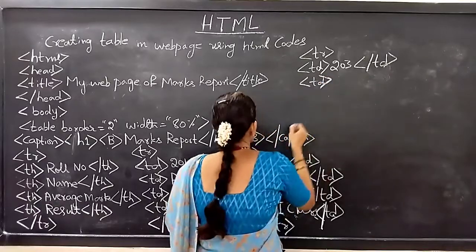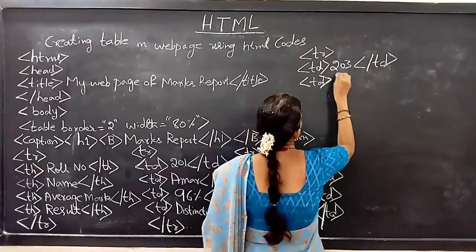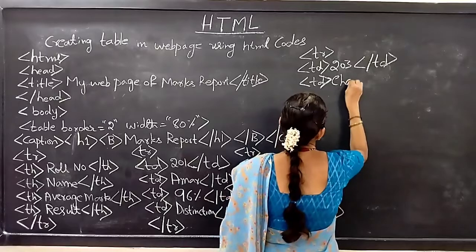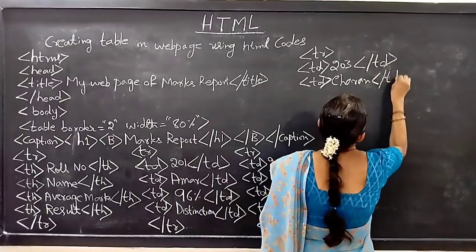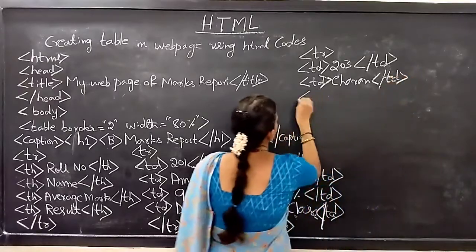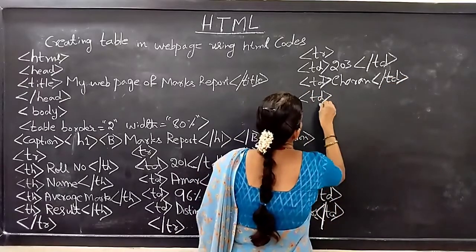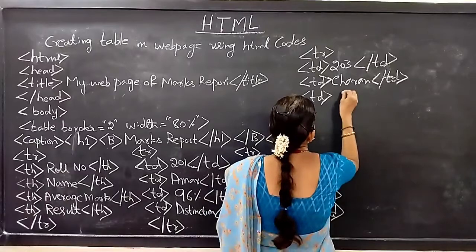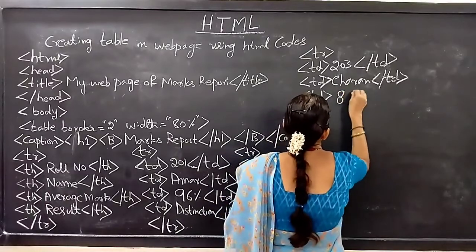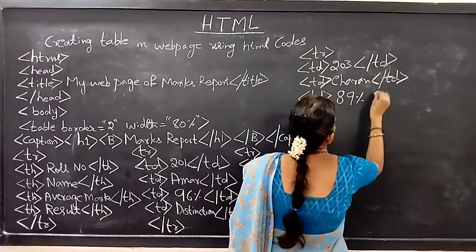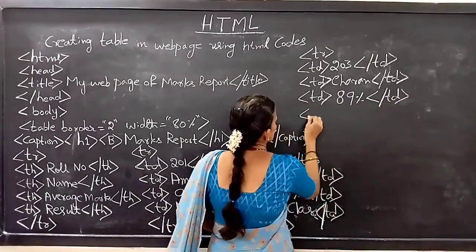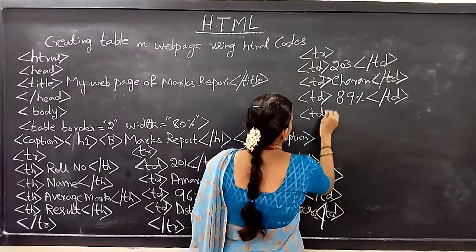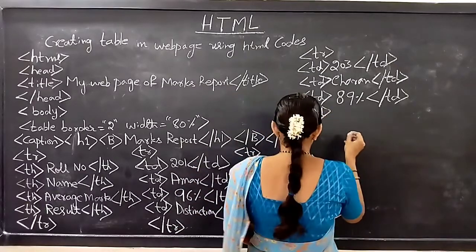Again, the next information of the row we can write: the name of the student, then we can write the percentage of marks scored, which is 89%, slash TD.